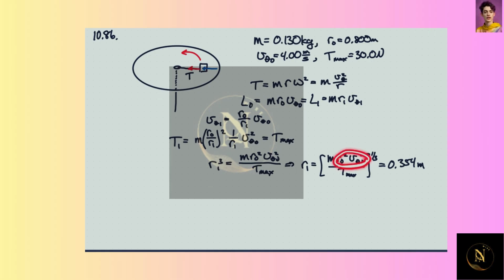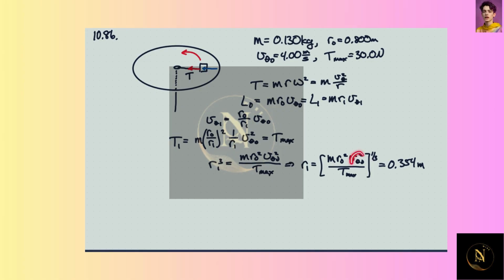Basically this is the initial angular velocity here, right? Squared. So if that goes up, no, that's not the initial angular velocity. Not sure what that is, but let's say r naught goes up.